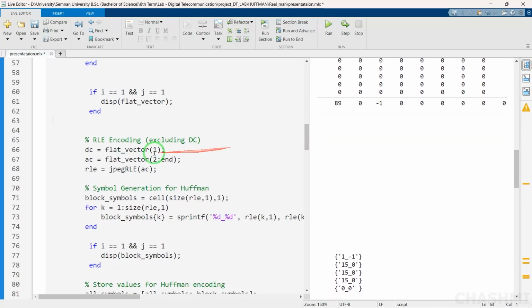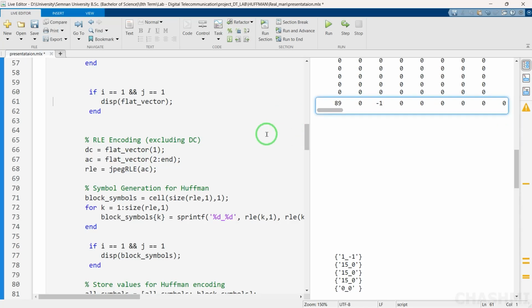Here we are keeping the first value of this zigzag, which is 89, and we consider this the DC component, as you can see I wrote it over here. And we are going to flatten the rest of the values till the end as the AC values.